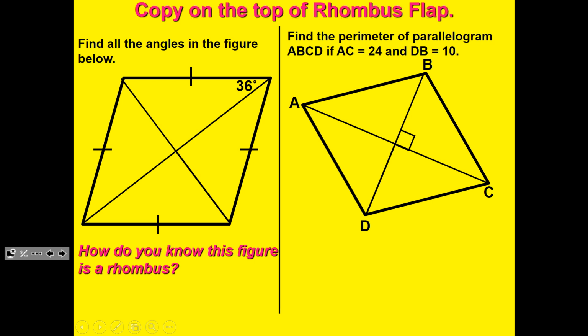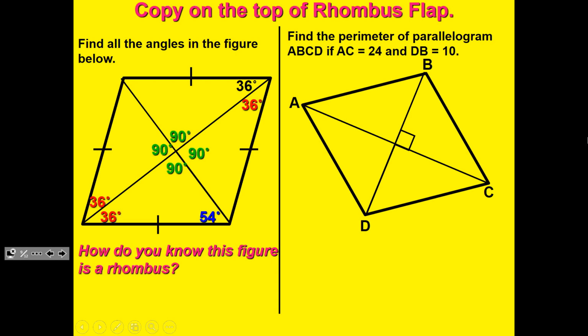Okay, so we know it's a rhombus because of all the congruent sides. We know we have 90-degree angles all around, like you guys just told me. Okay, and we know that the angles have been bisected. So just like you guys said, 36 has a 36 below it, as well as in this opposite corner. So we can subtract 36 and 90 from 180 to find the remaining angle in one of these triangles, which is going to be 54.